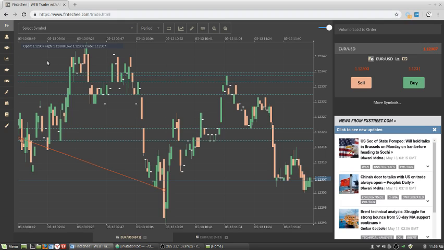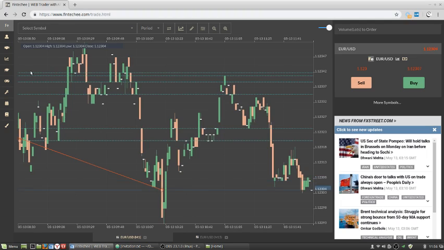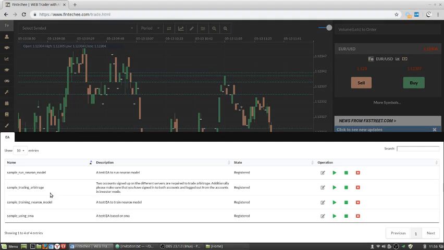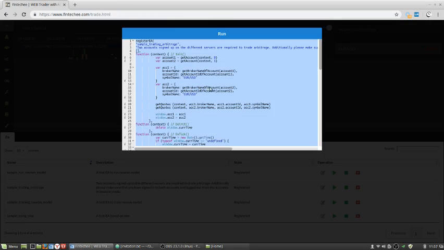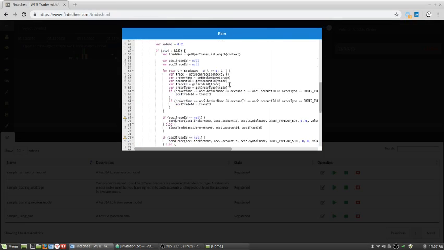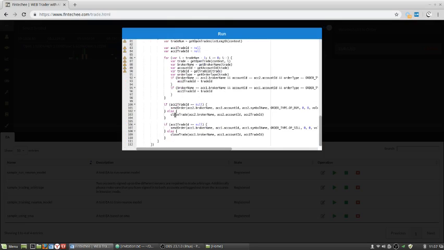And we offer EA trading robots, and you can run some EA to monitor different data quotes from different brokers at the same time. And we provide source code to refer to, so you can check this EA, sample trading arbitrage, and check the source code to know how to do trading arbitrage.